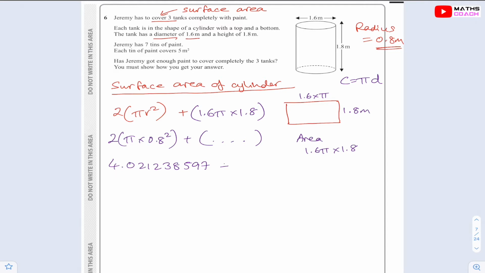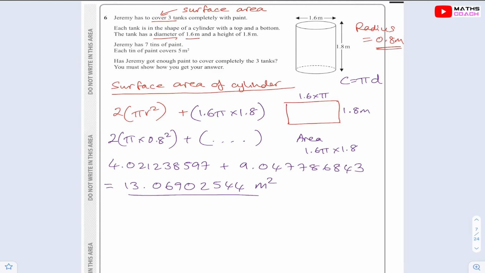Okay, and 1.6 pi times by 1.8, we get 9.0477868843. Let's add those numbers up and we get 13.069025544 meters squared. So this is the surface area of the entire cylinder, including the top and the bottom.